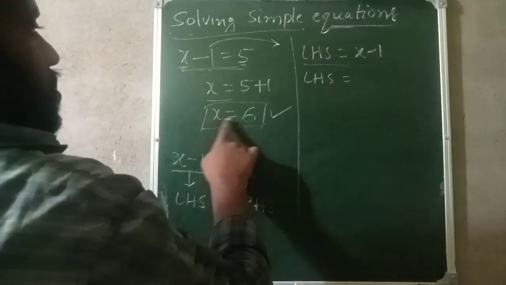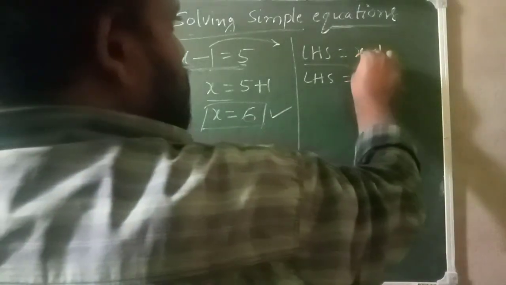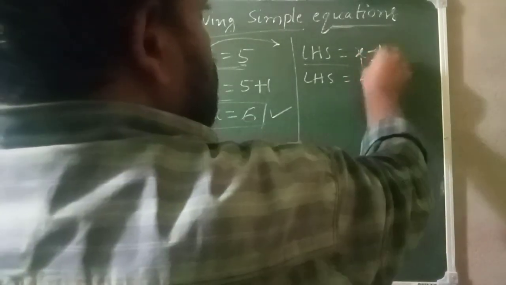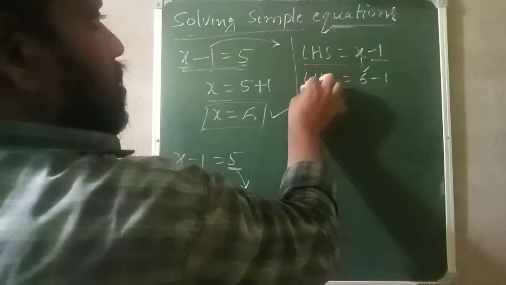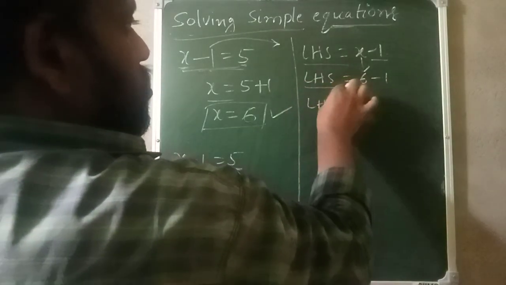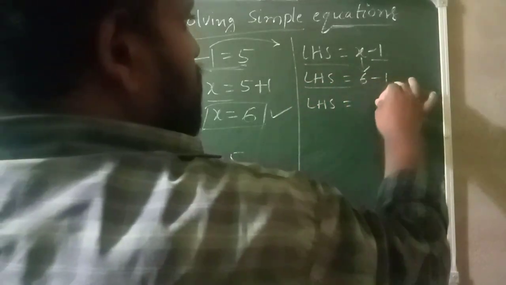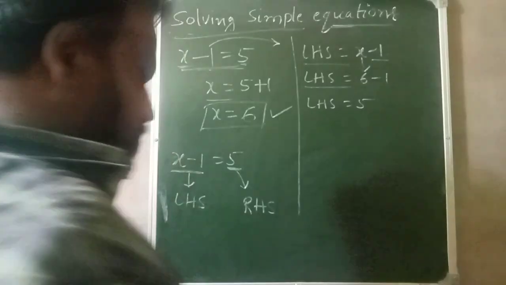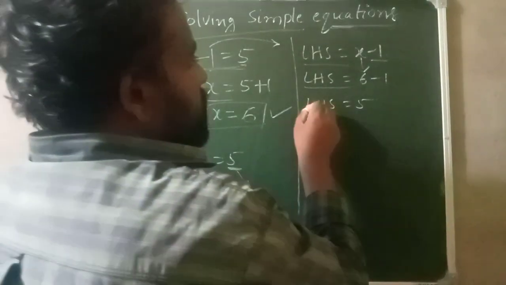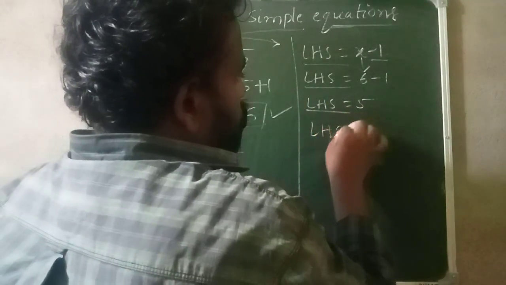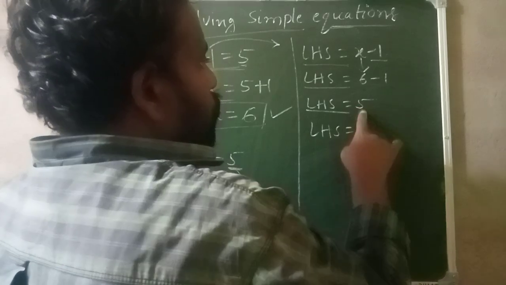The value of x is 6. So in place of x I will write 6, this minus 1. Next step, this LHS is equal to 6 minus 1 is 5. So LHS is equal to 5.